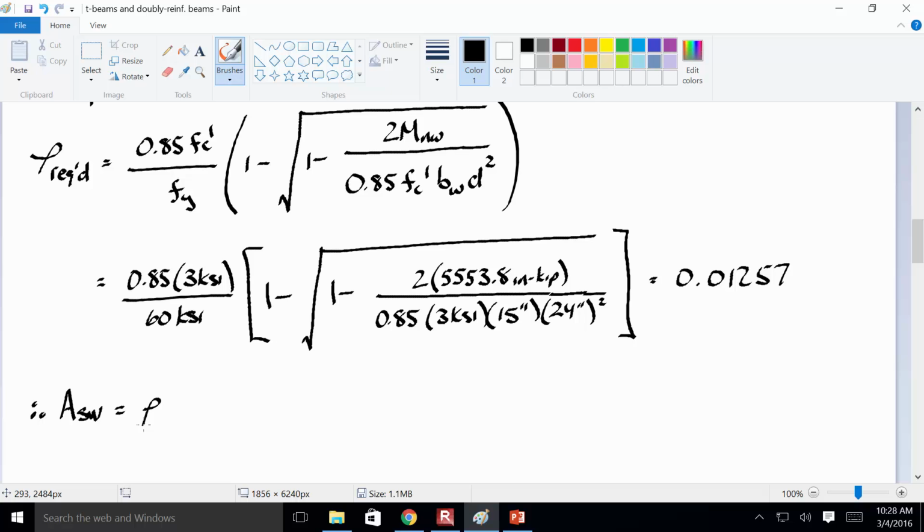And maybe I should put rho W required, just to emphasize what we're looking at is the web. It is the reinforcement ratio for the web times the area of the web, BW times D.